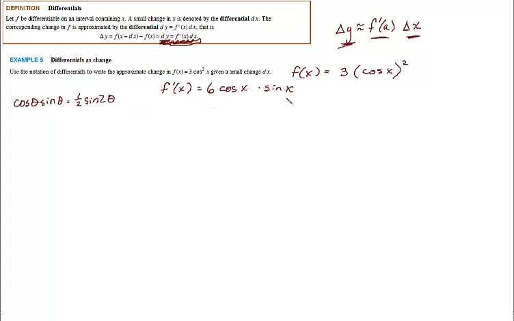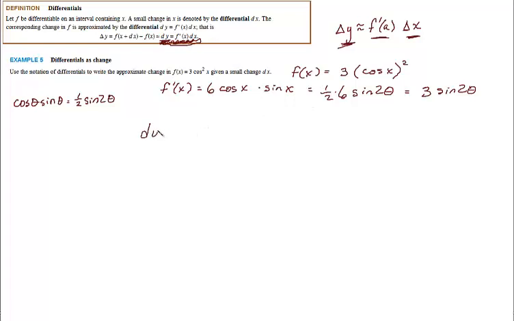Recognizing this is a double angle formula, you can make it look a little simpler. Not a big deal if you don't, but you can. So I'm going to say it's 1/2 times 6 sine of 2 theta, which then makes that 3 sine of 2 theta. If you happen to like the look of that better than this cosine times sine, that's fine. If you don't, that's okay too.